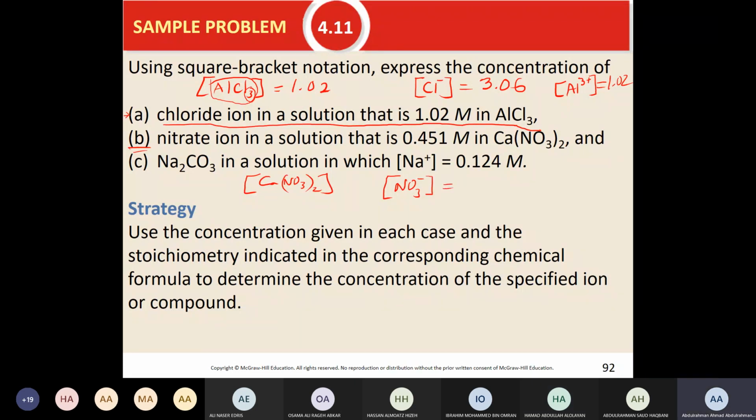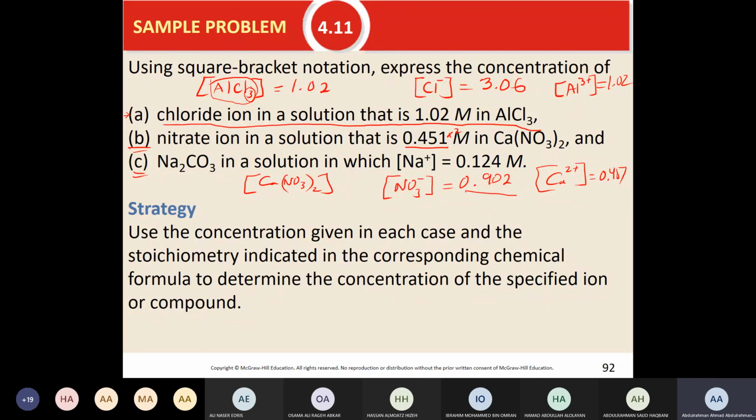What's the answer? Isn't it, Doctor, 0.902? Exactly, 0.902 molar. We multiply this number by 2. Okay. What's the concentration of calcium 2 plus? 0.451. Exactly. Good.